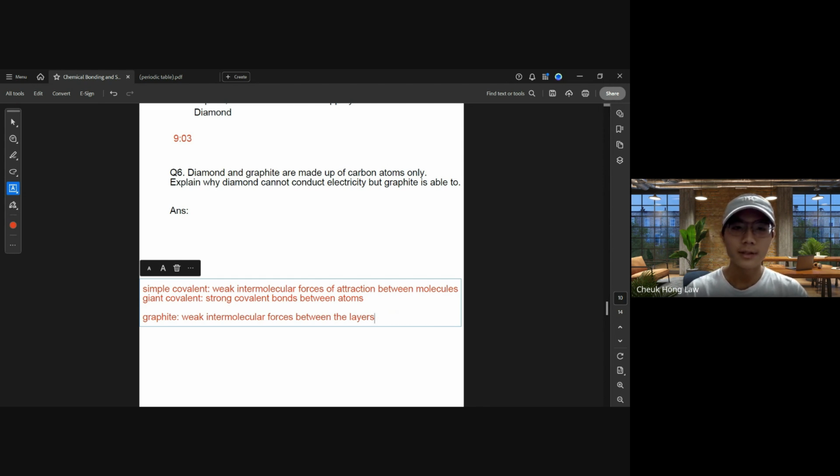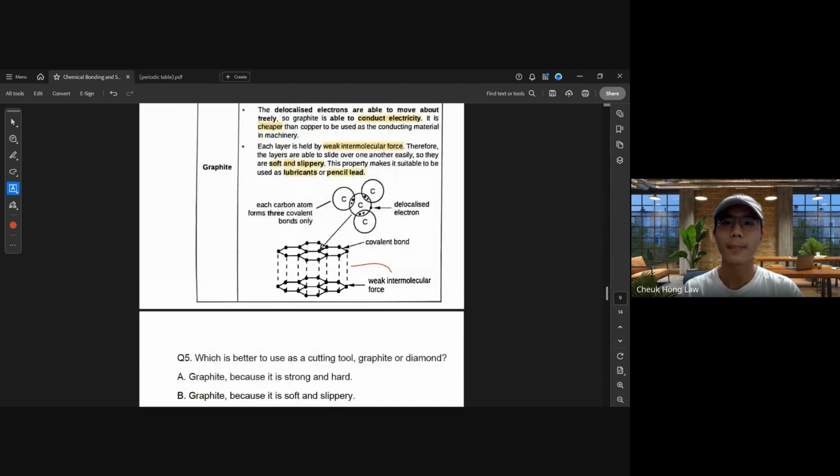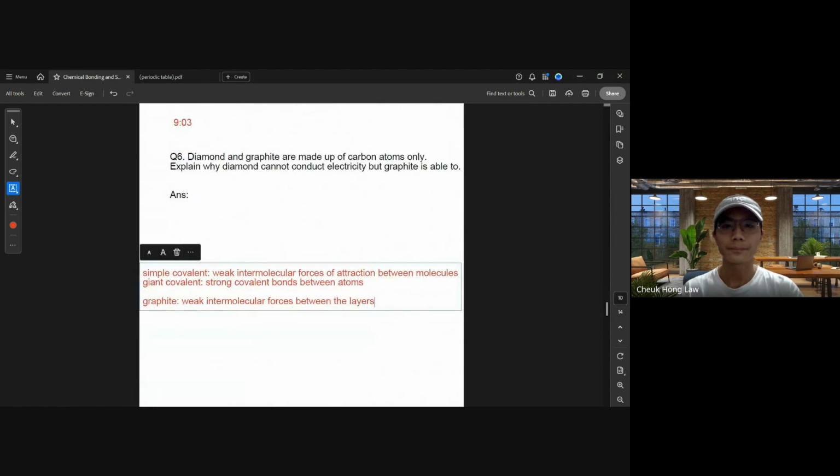So graphite has weak intermolecular forces between the layers, but also strong covalent bonds between the atoms. The layers and atoms are two different things. The atoms are this circle thing, the covalent bond is this line, but this dotted line here is the weak intermolecular force. So these are the two differences in bonding.